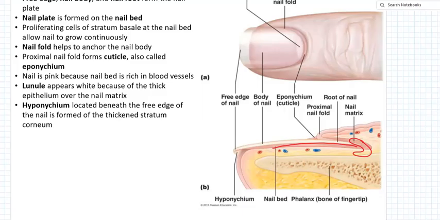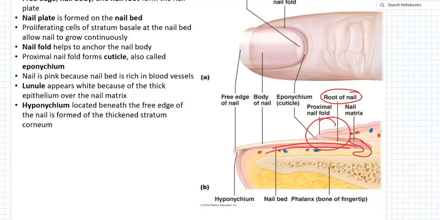Nails themselves are transparent. But blood vessels that run around the nail bed give it a pink appearance. Okay? So the nail is anchored by the nail fold. The part of the nail that's anchored is the root.